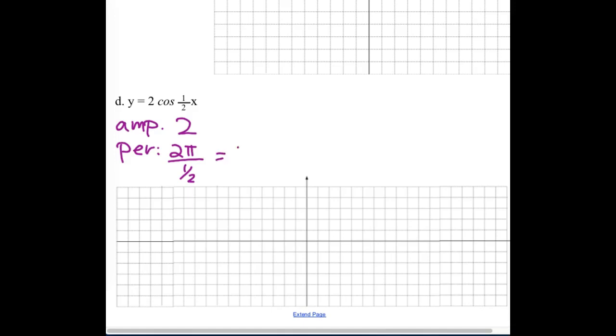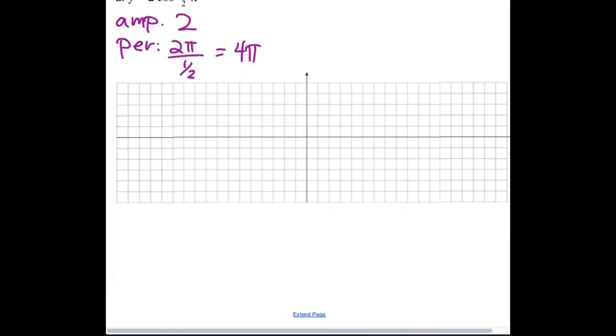So what's happening to this one? It's getting bigger, right? The number looks small, but our graph is getting stretched out horizontally. So now, for my tick marks, if I'm going 4 pi for a whole period, each tick mark is going to be pi. All right, now I'm going to stretch this out for a second so that you can actually see that it is stretched some.